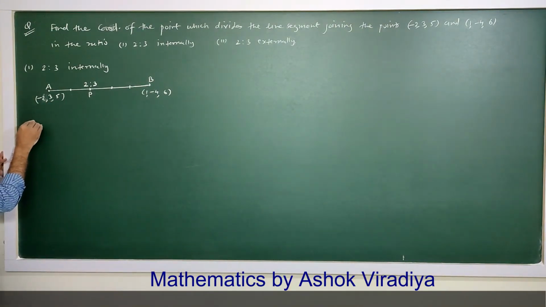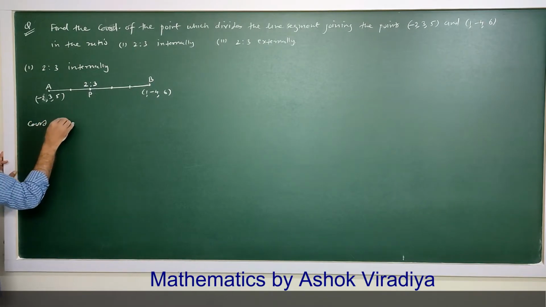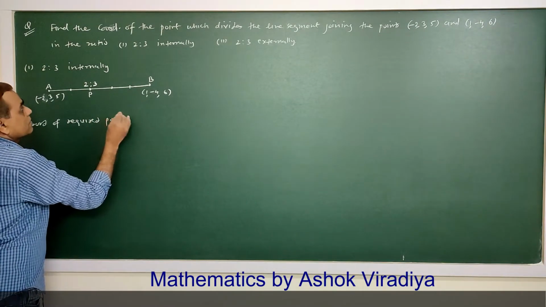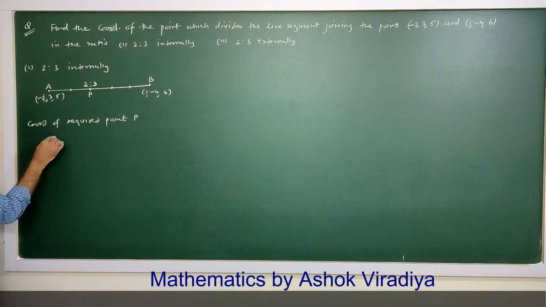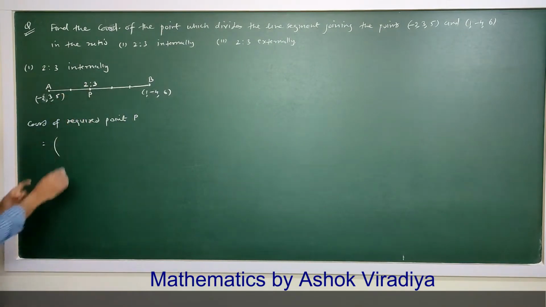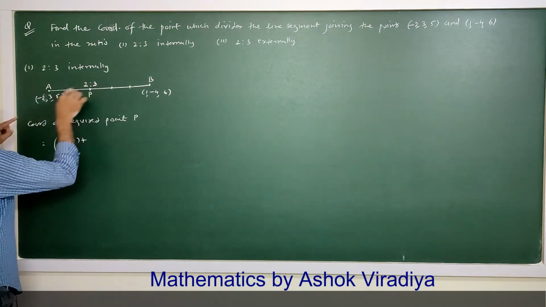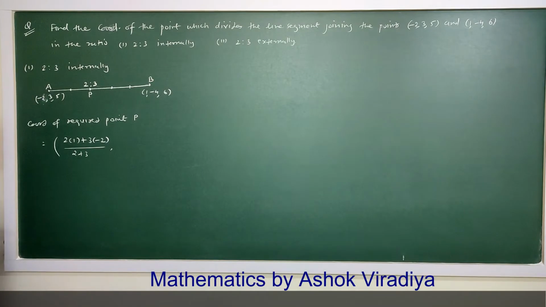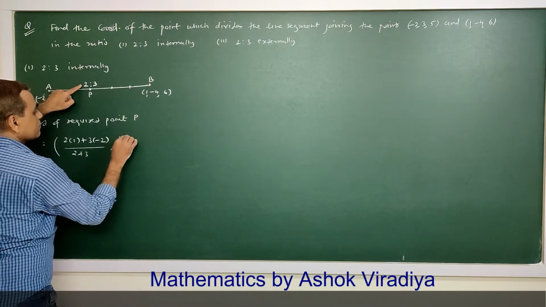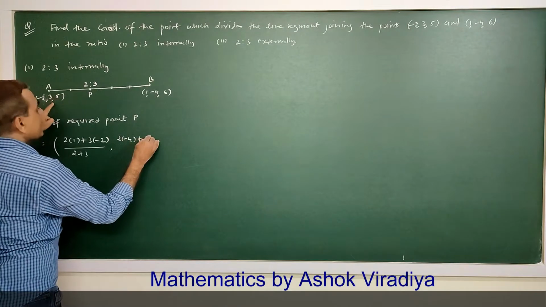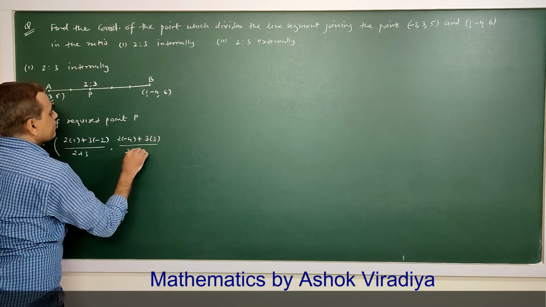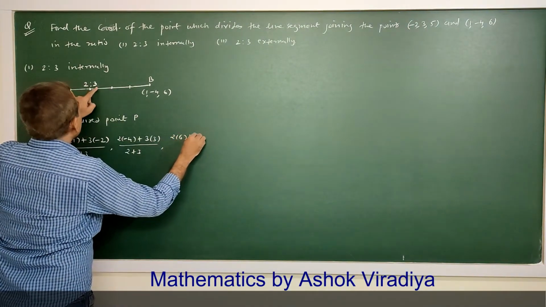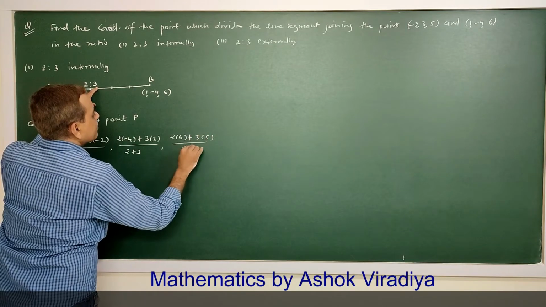So coordinates of required point, this point is P, equal to mx2 plus nx1 upon m plus n, my2 plus ny1 upon m plus n, mz2 plus nz1 upon m plus n.